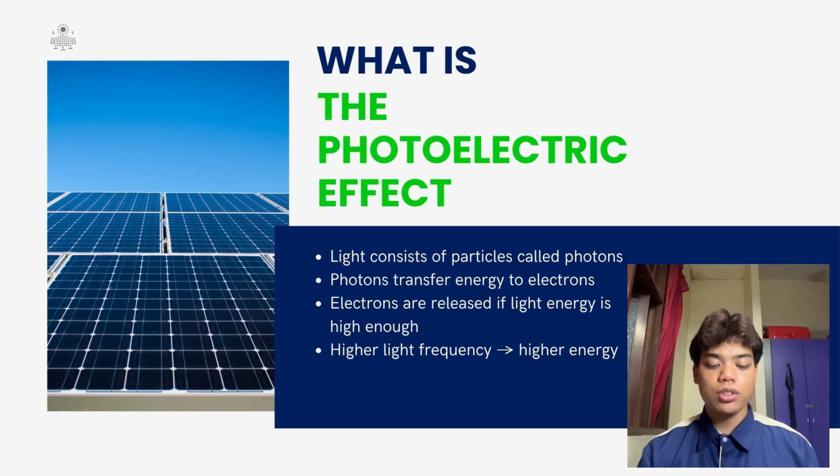And electrons are released if the light energy is high enough. I will explain in the next slide a certain equation that defines whether the electrons can be emitted or not.